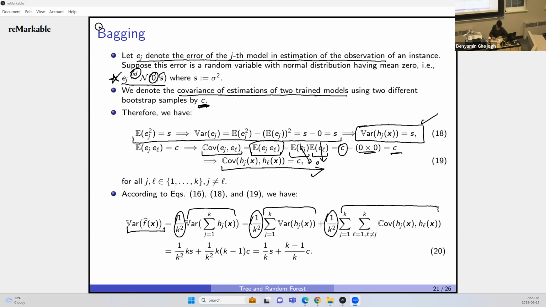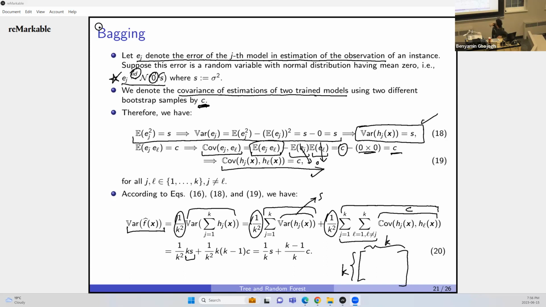Now, each of these variances is S according to equation 18, and I have k of them. So this is kS. Also here, each of these covariances is C. And how many do I have? These nested summations: one summation is over, like, the rows, so you have k of them. The second summation is over the columns, if you see it as a matrix.